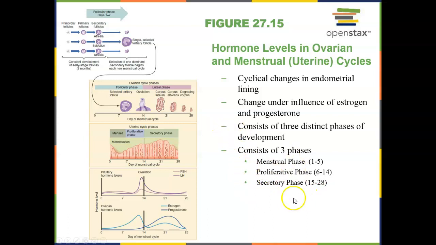So these occur along with the ovarian cycle. So down here you can see the menstrual cycle, and up here you can see the ovarian cycle. So they work together, okay?